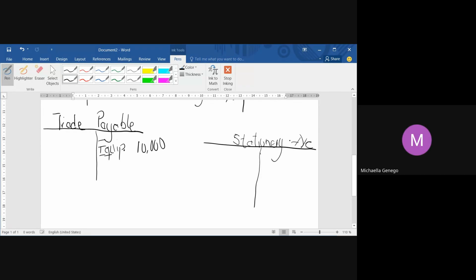What is happening to the stationery account? We will debit the stationery account and credit the bank account. The amount is 2,000 Ghana cedis. Please, are we all getting it?